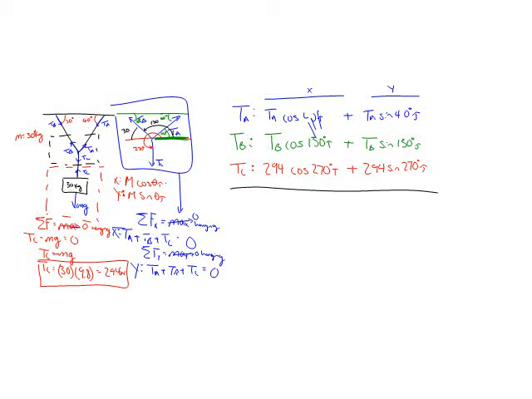So now I'm going to simplify these things a little bit so that we just have some numbers to work with. Cosine 40 is 0.766. So this will be TA times 0.766. Sine 40 is going to be 0.643.